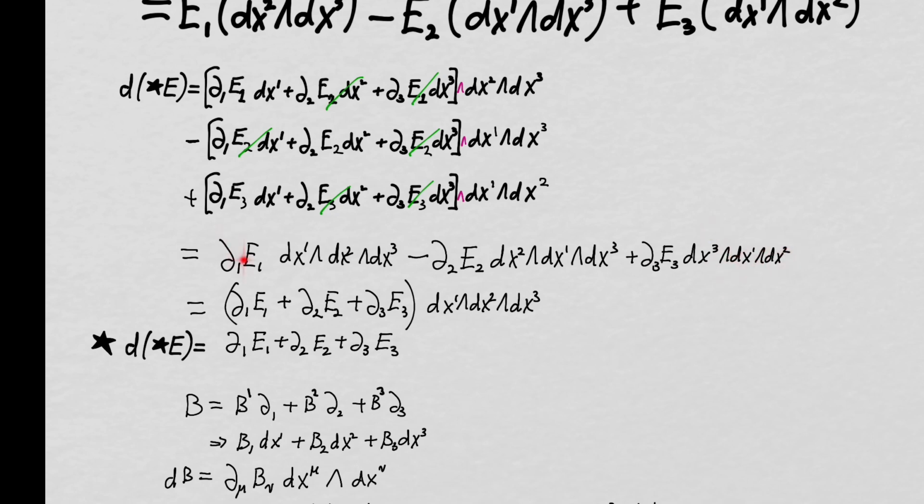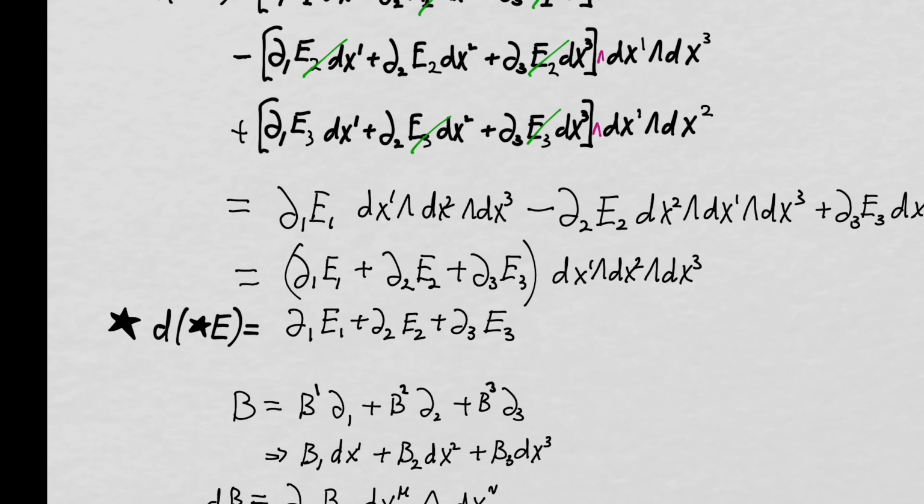Then you can combine these by shuffling. By flipping dx1 and dx2, you lose the minus sign. Here you flip dx1 and dx3, and then dx2 and dx3, that's two minus signs, so you don't change that sign at all. And you end up with partial 1 e1 plus partial 2 e2 plus partial 3 e3 multiplied by this single 3 form.